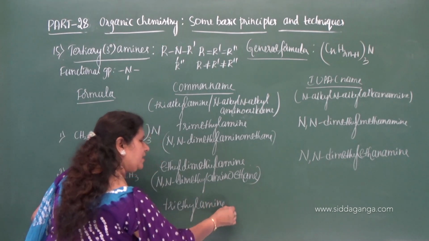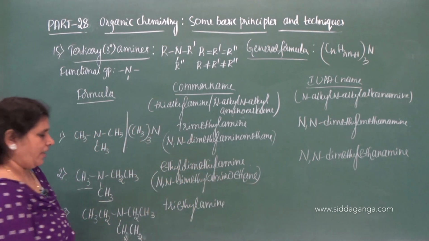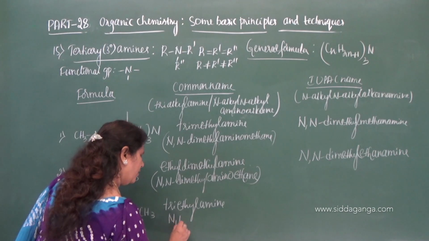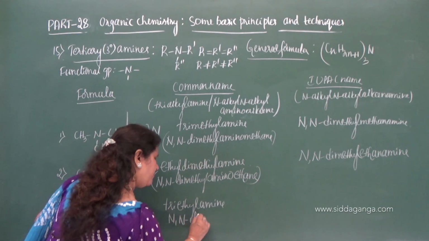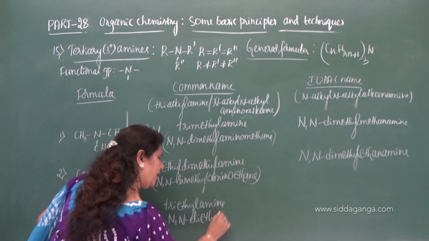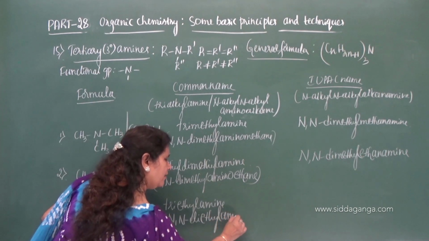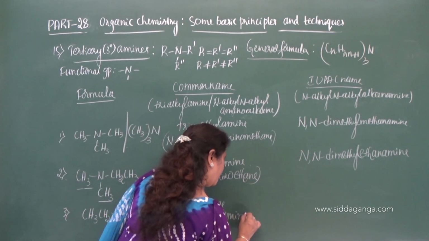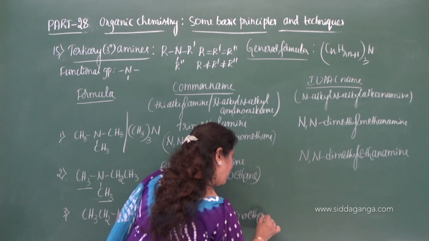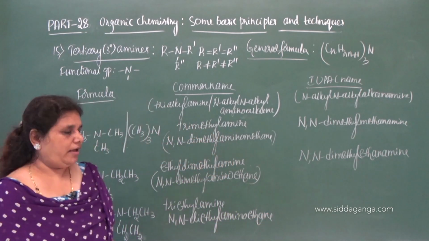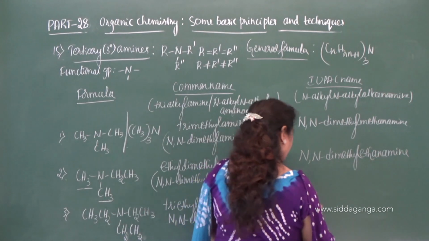And you have to take two ethyl groups as prefixes, N comma N diethyl aminoethane. And what is the IUPAC name?